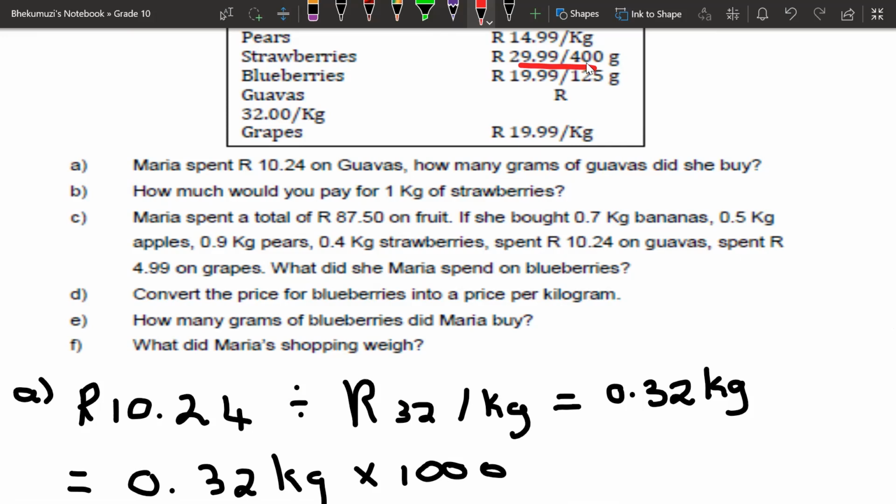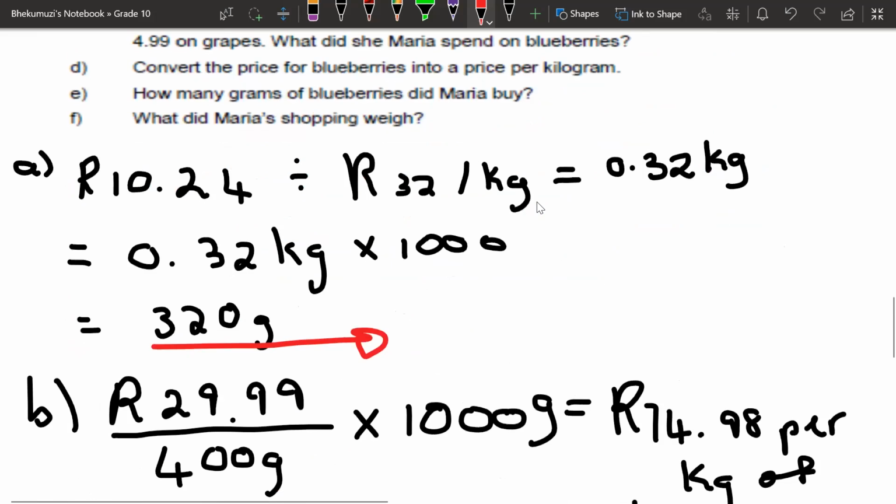Just imagine now, you'd add the 400 grams to another 400 grams. That will give you 800 grams. But then what you'll need is another 200 grams to make 1000 grams, which is 1 kilogram. So that's how you could do this calculation, right?